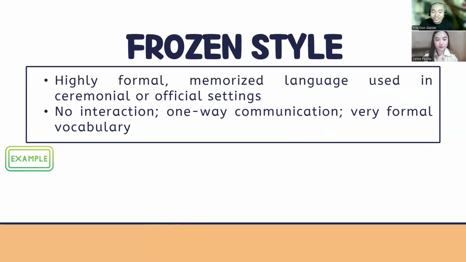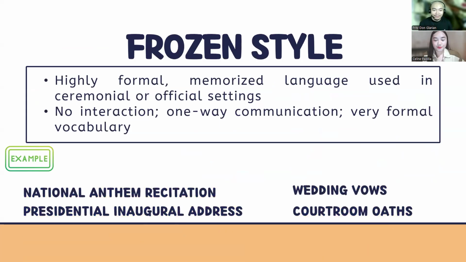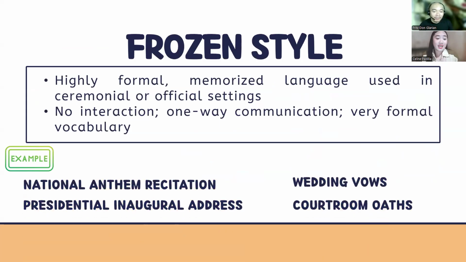There is no interaction. It is one way communication with very formal vocabulary. Examples include national anthem recitation, presidential inaugural address, wedding vows, and courtroom oaths. You don't use frozen style in everyday life, okay?